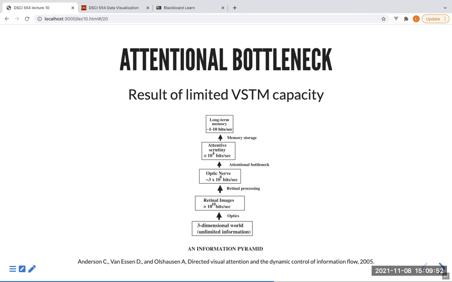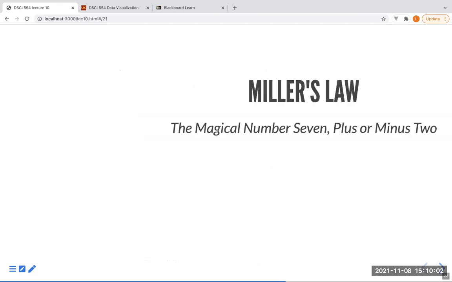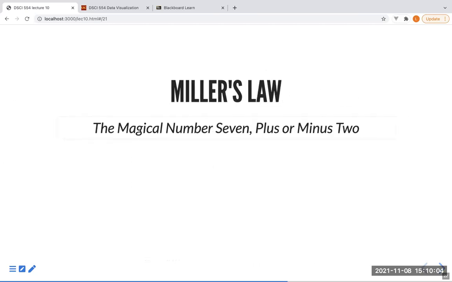You need to use that memory store that will basically limit the amount of information that you can play with. And so the big consequence of that is known, at least it's one of the laws that people have come up with, as Miller's law.